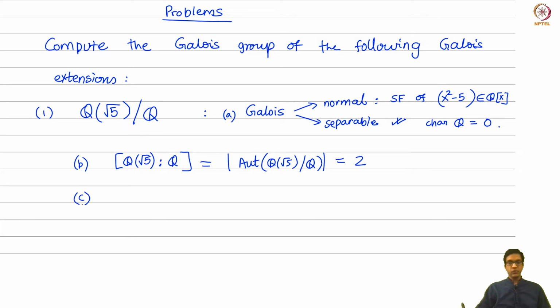One is the identity, of course, and recall that in this case root 5 and minus root 5 are the two roots of that polynomial. Observe that plus minus square root 5 are the roots of the irreducible polynomial x square minus 5.